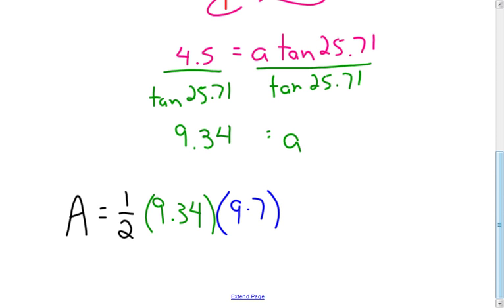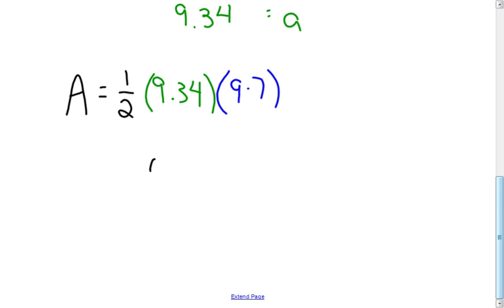Now it's just a matter of punching this all in my calculator. Right now 9.344346285 is on my calculator. I'm just going to push times 9 times 7 and then divide by 2 for the times 1/2. And I end up with an area that is approximately equal to 294.35, and my label would be centimeters squared.